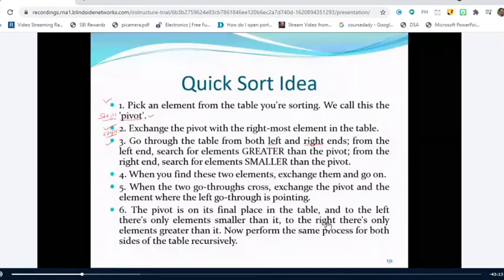When you find such an element, you stop. Likewise, when the left pointer finds an element greater than the pivot, you stop.